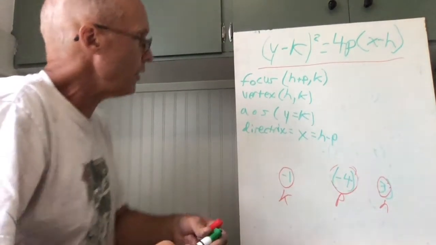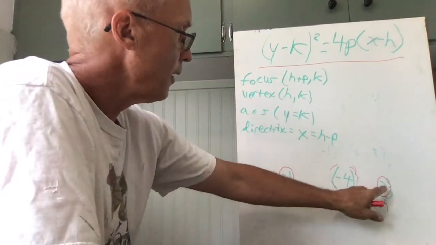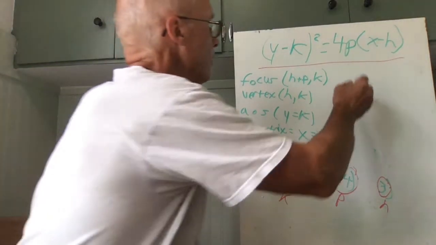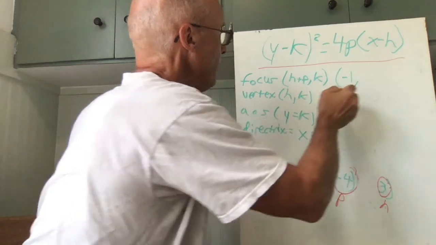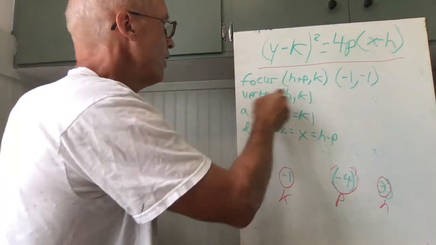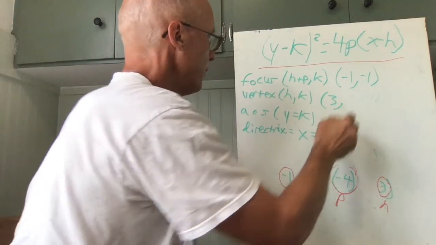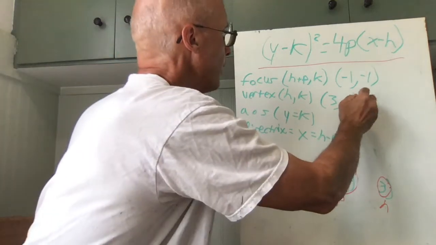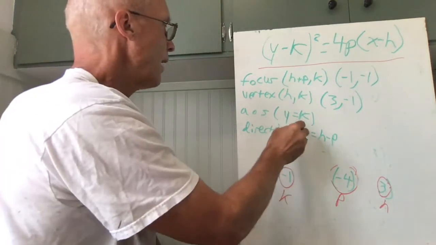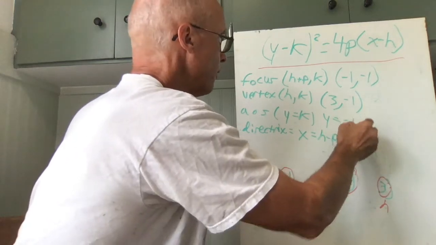So let's go through and figure these out. h plus p, 3 plus negative 4 is going to be negative 1 and then negative 1. That's going to be the focus. The vertex is going to be 3 and negative 1. The axis of symmetry is going to be y equals negative 1.